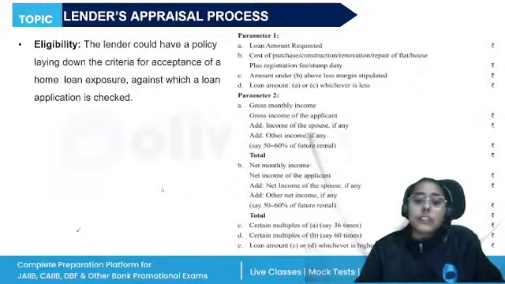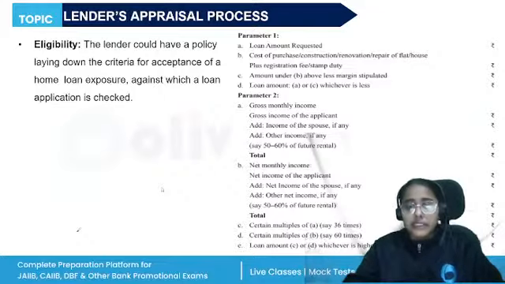Parameter 2 can be the gross monthly income of the applicant and co-applicant, then the net monthly income of the applicant and the co-applicant. Finally, the total will be calculated. Then on the basis of that, the eligible loan limit can be calculated, right? The legal opinion, the age eligibility, valuation details, all of these things will be done.